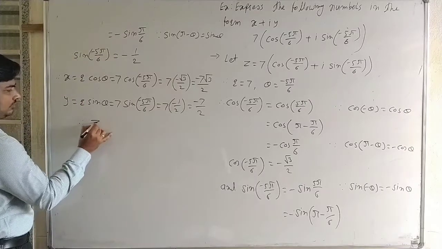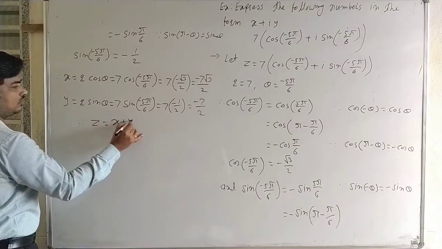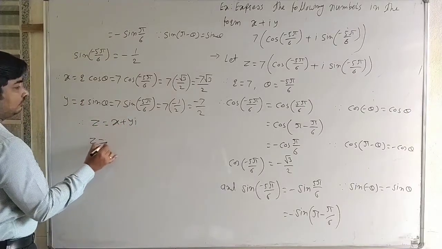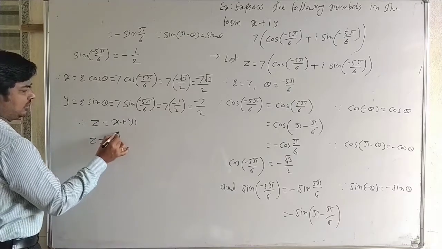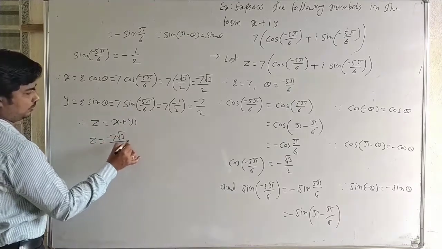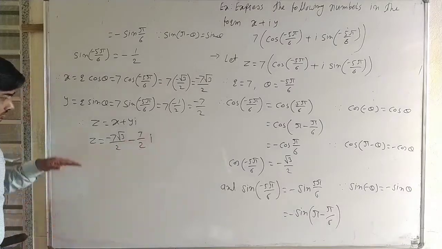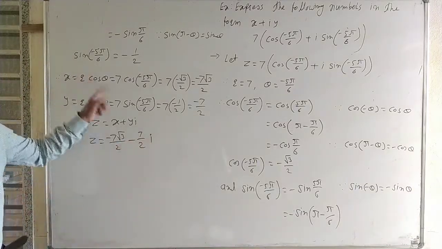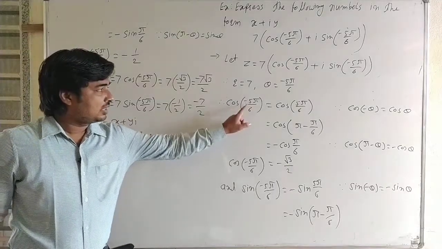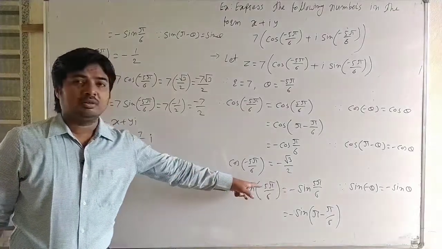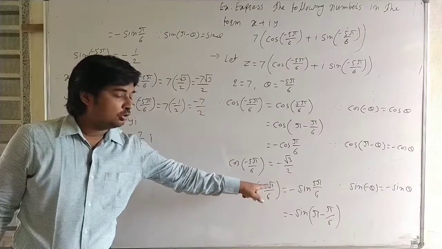Therefore z is x plus yi, that is minus 7 root 3 by 2 minus 7 by 2 i. It is the complex number. Okay, values of cos minus 5 pi by 6 and sine minus 5 pi by 6.